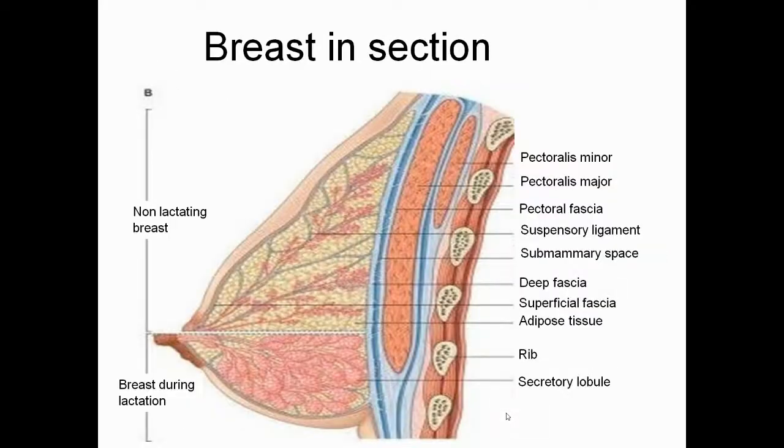In this section of the breast, we can see the pectoralis minor and pectoralis major muscles, the deep fascia of the pectoral fascia and suspensory ligament, submammary space, and the deep and superficial fascia, adipose tissue, and the secretory lobules here.